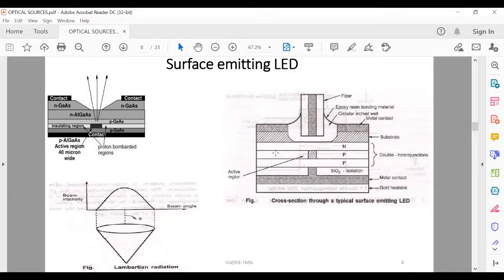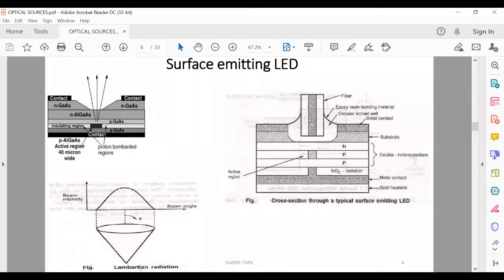Now, a circular well is etched through the substrate of the device, and a fiber is then connected to accept the emitted light.